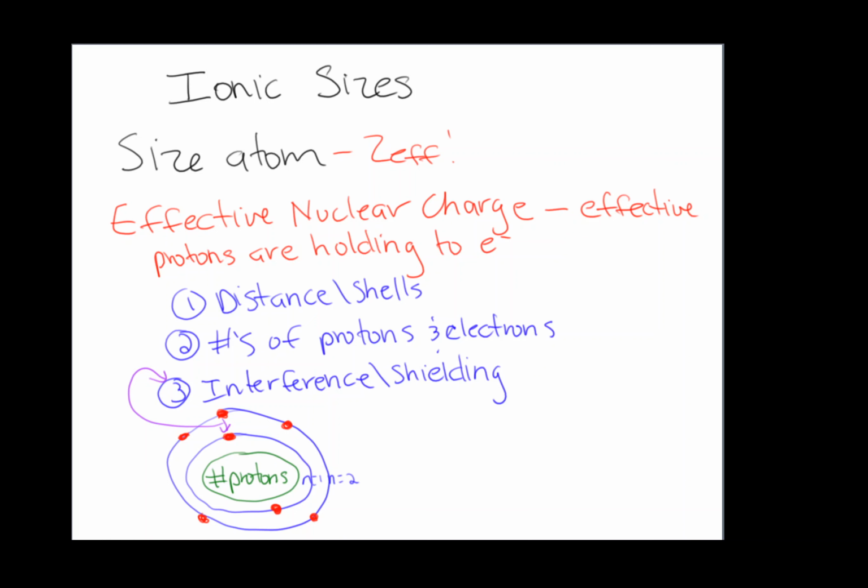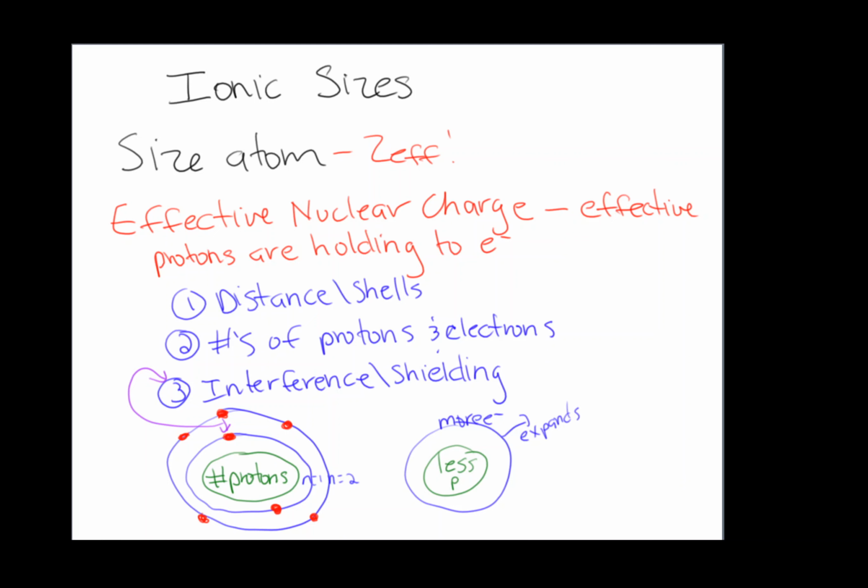So for the ions, here's your possibility. All right, if you have fewer protons in the nucleus than you do electrons, now keep in mind, I cannot change the number of protons, but if there are fewer protons than there are electrons, then it gets too big and it expands, because the poor nucleus can't hold on to that many.